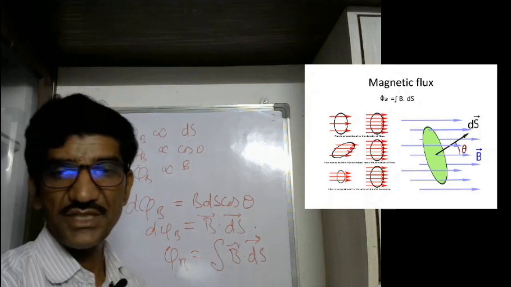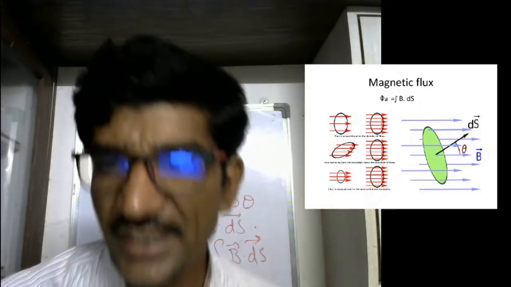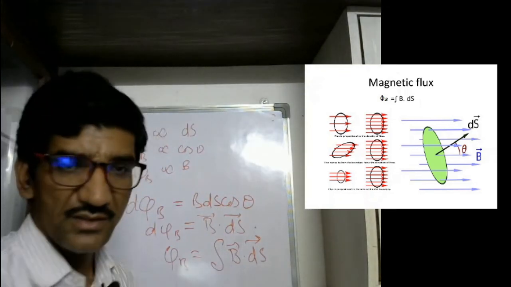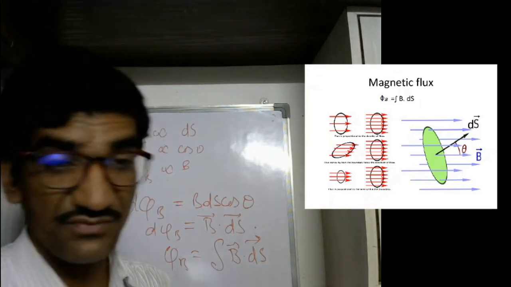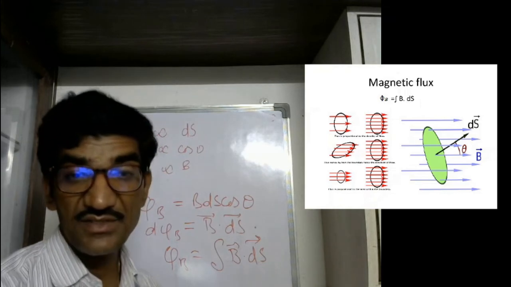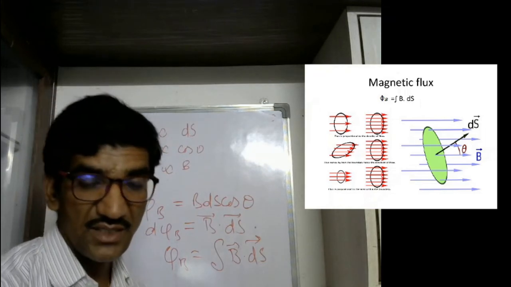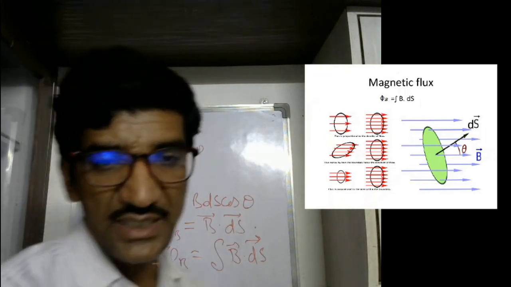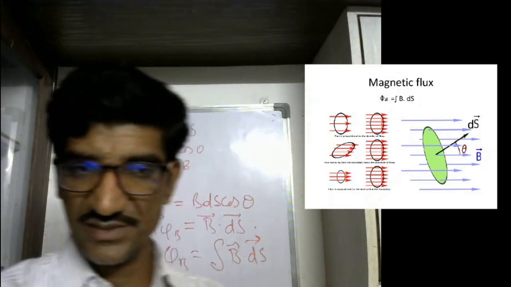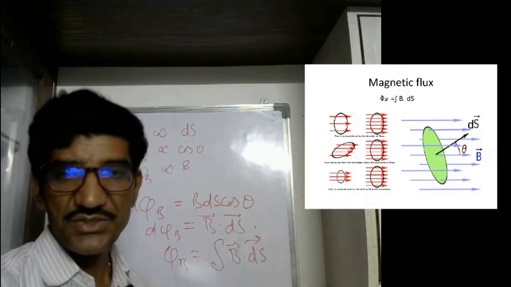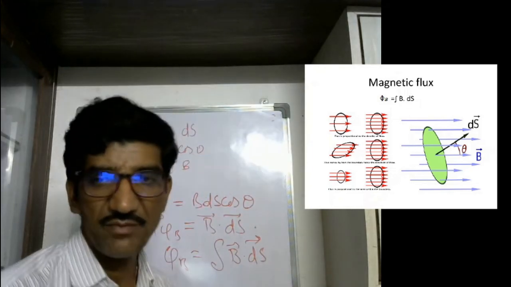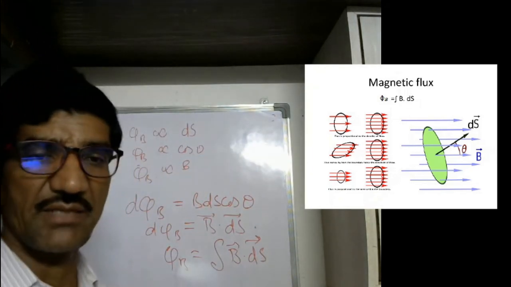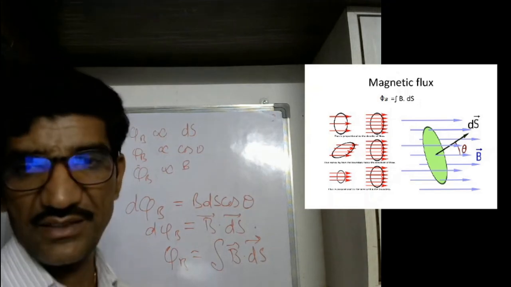Now you see in the slide, this orientation is with respect to what? The external field. The orientation of the surface is given by the ds vector, which will always be perpendicular to that surface. So, to speak strictly, the orientation means the orientation of ds with the b, the external field, theta.